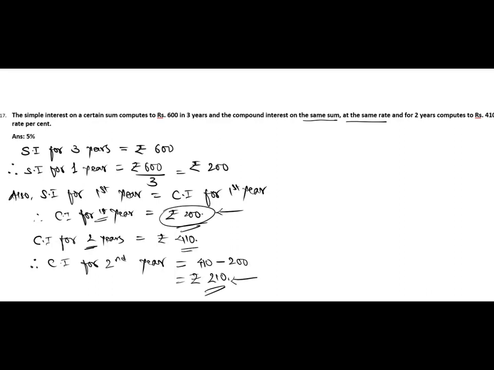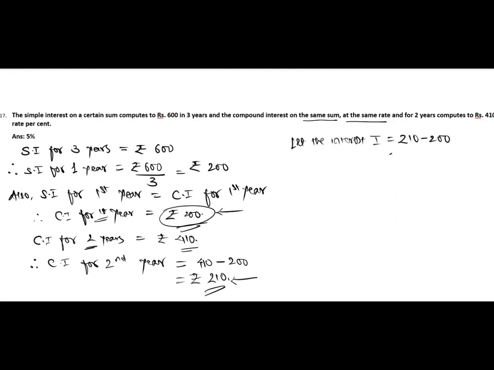Now we can find the rate, and for finding the rate we did this kind of question in the previous examples. So let the interest I be equal to 210 minus 200.